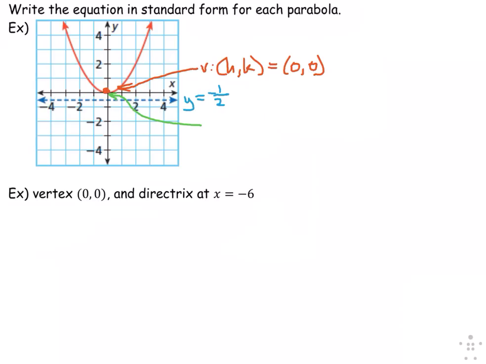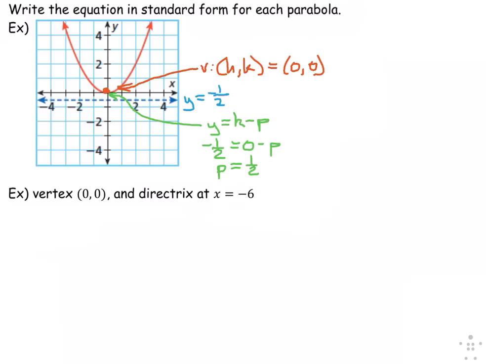And that distance is equal to 1/2, and you could find that using this equation, y equals the k value minus p because we're going down, and then you get the y value is negative 1/2 at the directrix, and then the k value is at the origin of 0, and then when you solve for p, you see that it's 1/2, but it's just better if you can size it up visually. Don't worry about memorizing these kinds of formulas, just know how everything is related through the p-value.